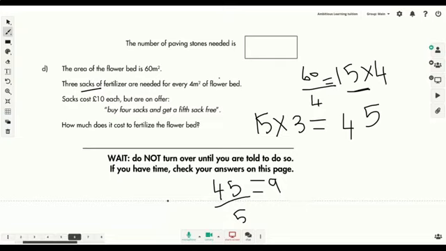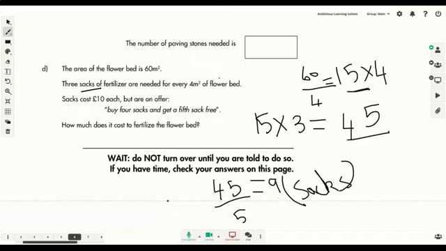There are 9 lots of 5. If you need to find 5, these are 5 lots of sacks. So if you want to buy 3 sacks, it costs you 45. And if you want to buy 5, you divide it by 5, that's 9.